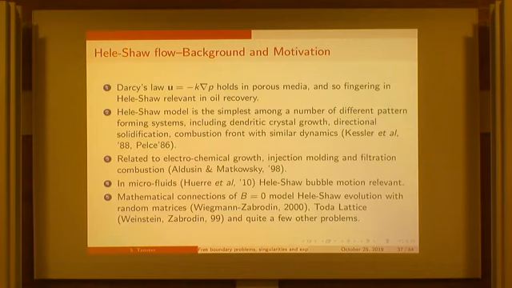So Hele-Shaw was like a model. The Hele-Shaw model is also the simplest among a number of different problems, and it's related to a lot of other problems. It appears in microfluidics, and there are a lot of mathematical connections for B equal to 0 evolution with integrable systems and random matrices in ways I don't quite fully understand, so I would keep away from talking about it.